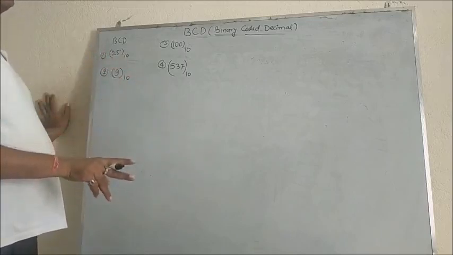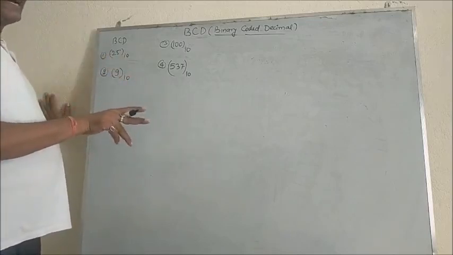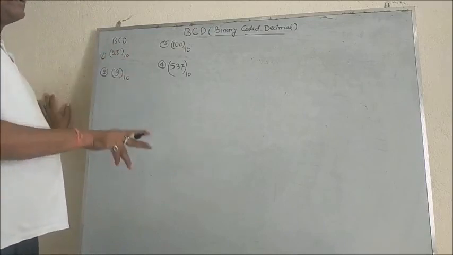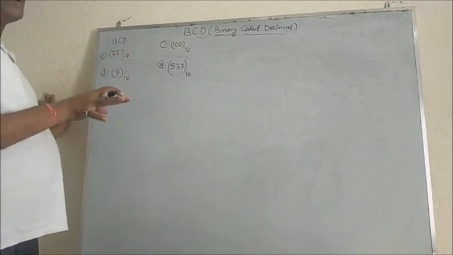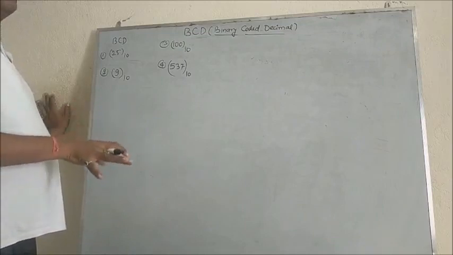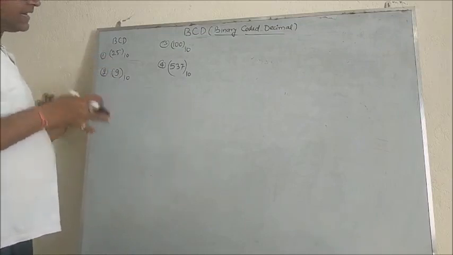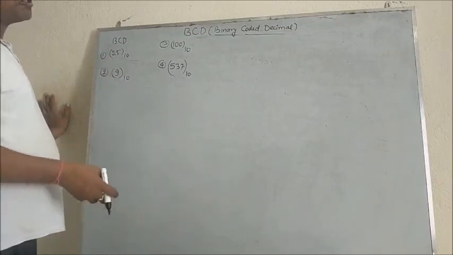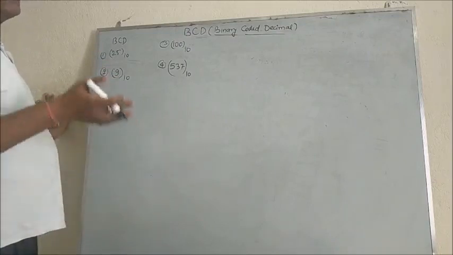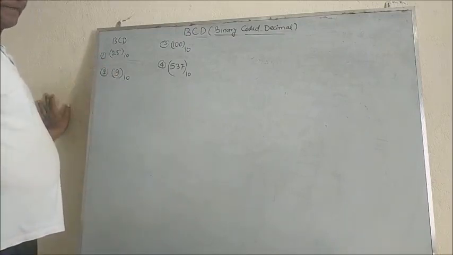But if it is of 2 digits, then instead of 4, 8 bits have to be taken. Let's see how, and we will also see what are the advantages and disadvantages of BCD, right?